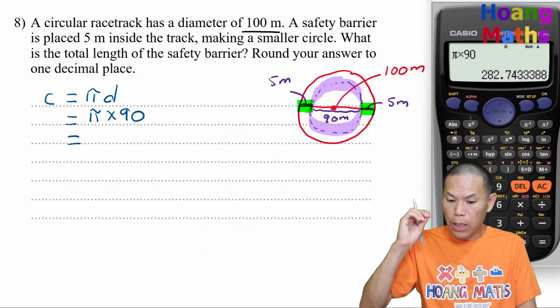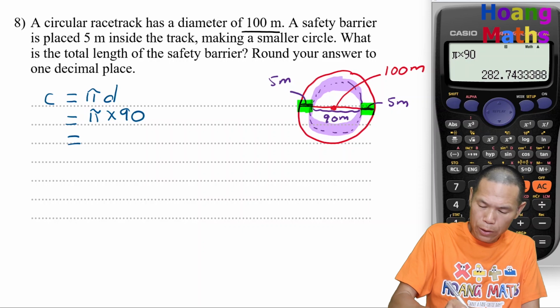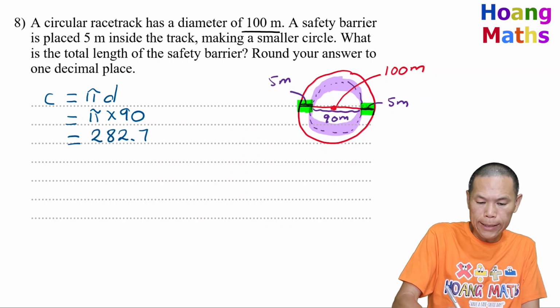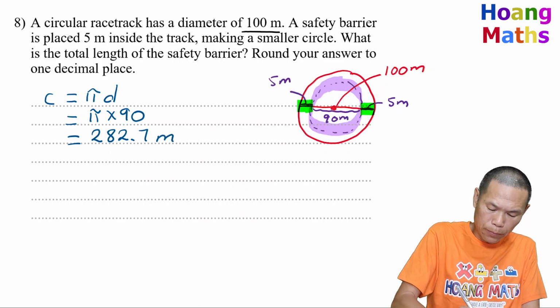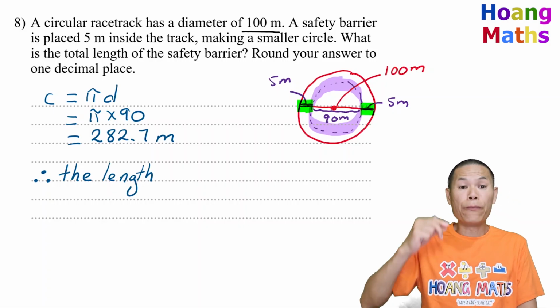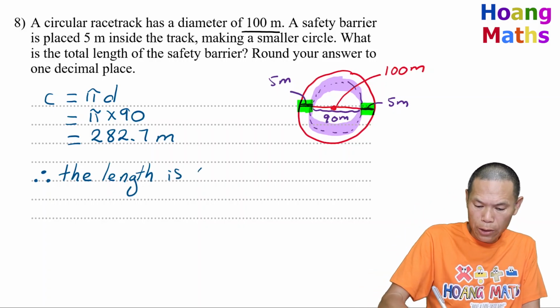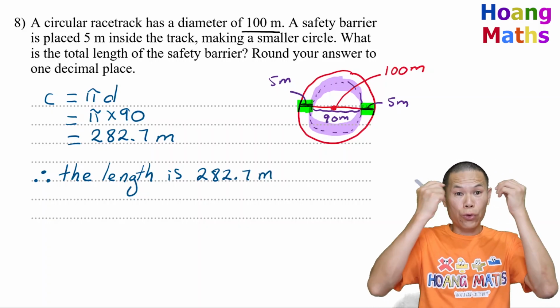That will give me 282.7 meters. So therefore, the length of the safety barrier is 282.7 meters. So there you go.